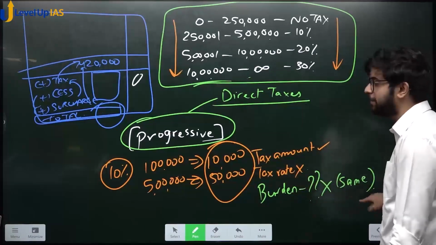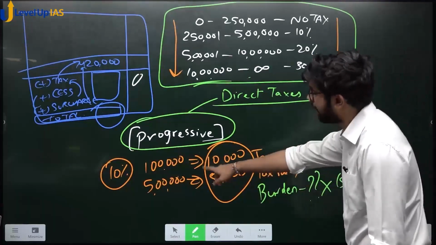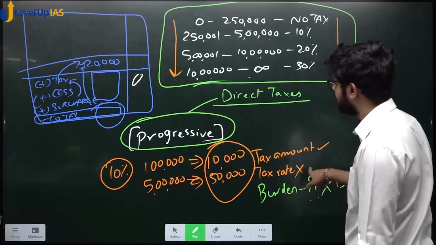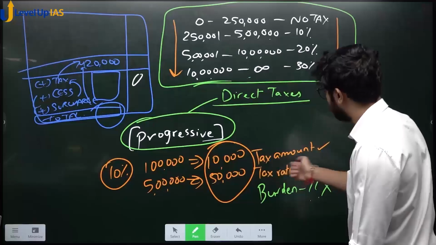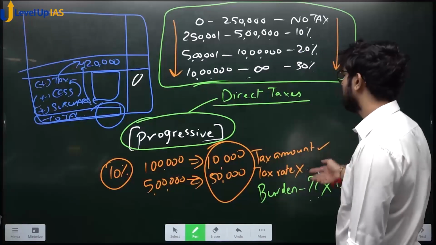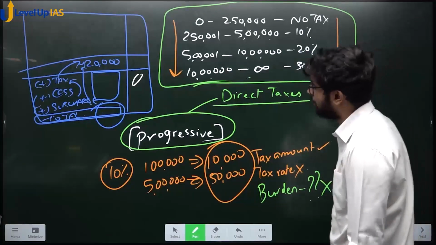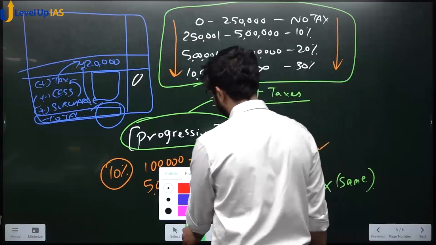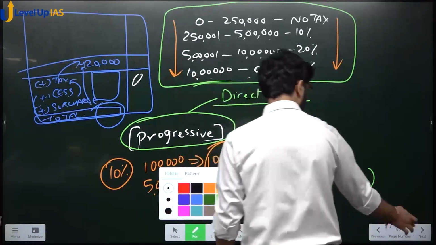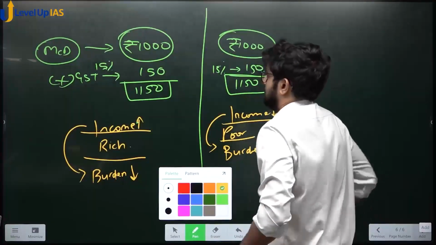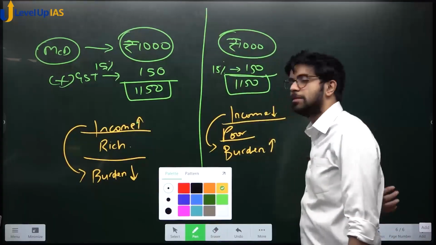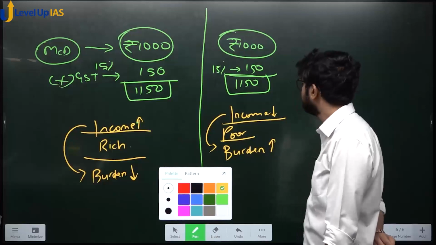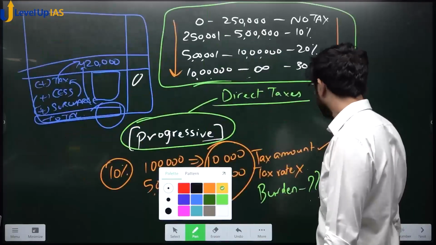It's the same scenario. 10% है, 10 lakh, tax amount is changing, tax rate is not increasing, tax amount is increasing. But let's say in this case, क्या हो रहा है? Income is increasing, burden is reducing. Income is reducing, burden is increasing. Yes or no? Very good.